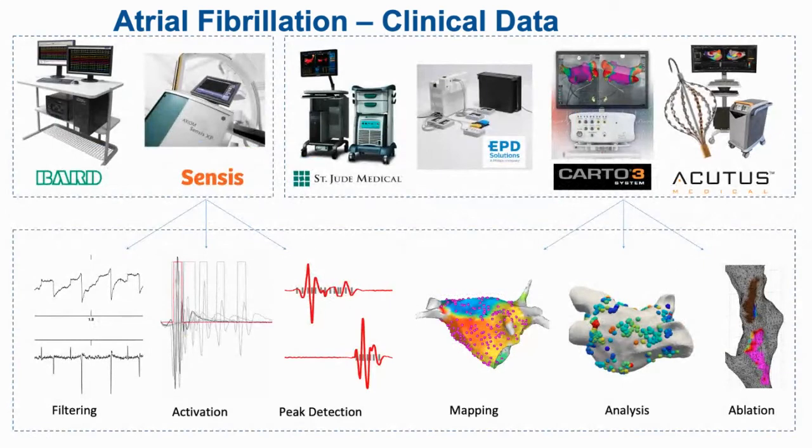A further challenge with the clinical data is that there are lots of different systems that can collect it, and lots of different catheters with different arrangements of electrodes. We try to bring all of this information together into our patient-specific models and then use this to understand the mechanisms for these arrhythmias.